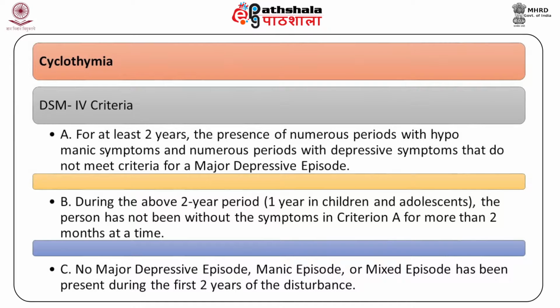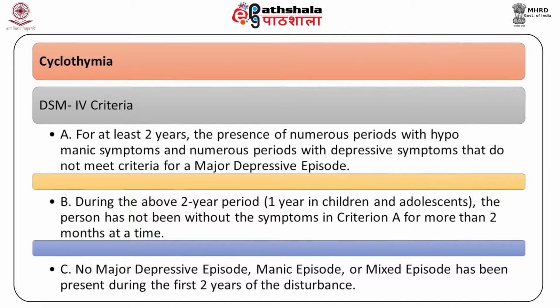C. No major depressive episode, manic episode or mixed episode has been present during the first 2 years of the disturbance. Note: after the initial 2 years, in children and adolescents it is 1 year.